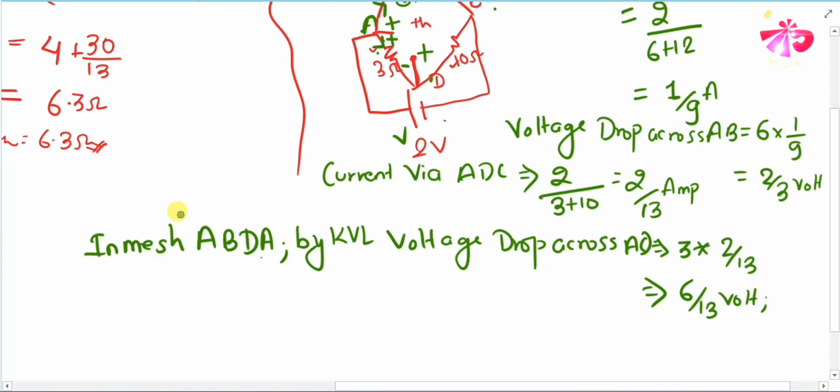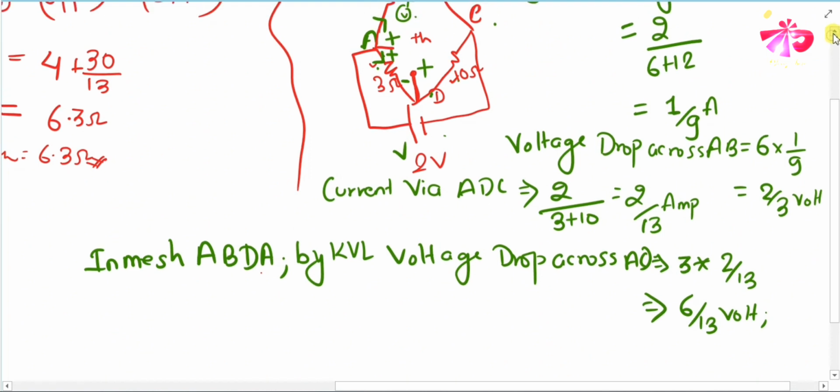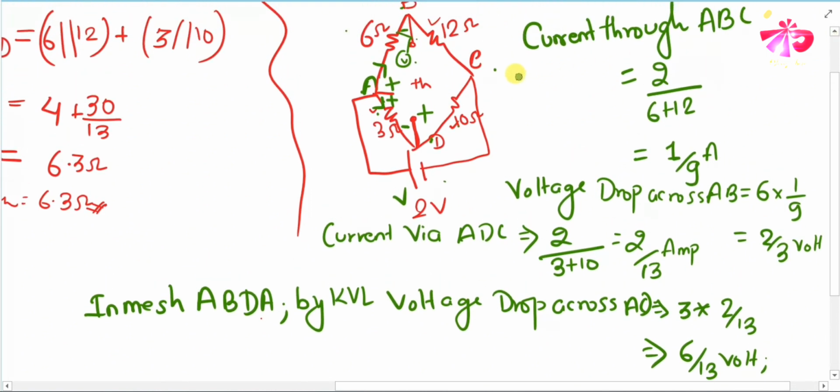Our voltage will be A to B. While going from A to B, we are substituting minus V_AB, and then at this terminal we are assuming B is at higher potential, because we are going from B to D, so B to D means minus V_BD.